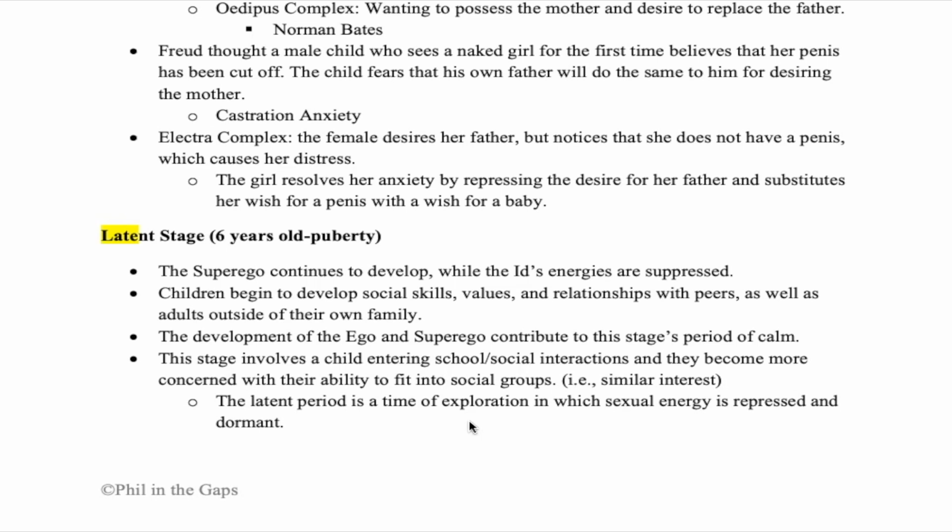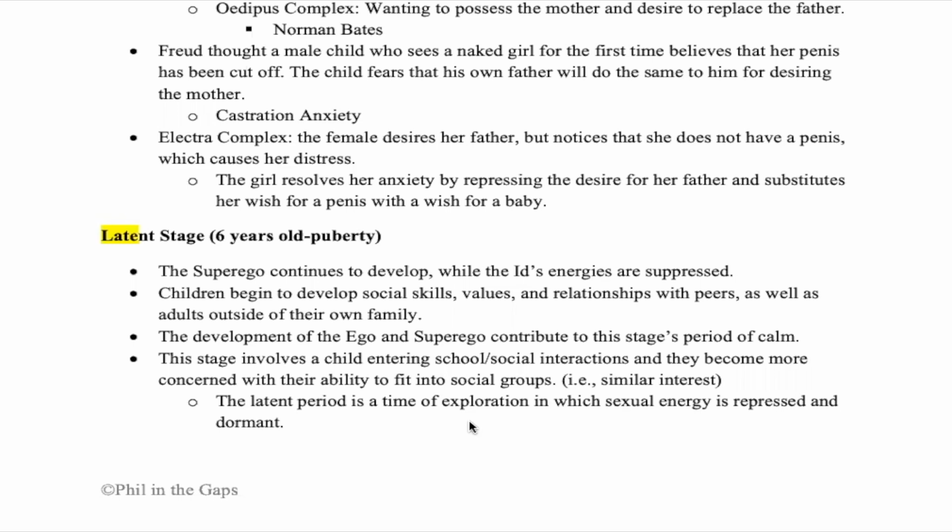So this stage involves the child entering school, social interactions, and they become more concerned with their ability to fit into social groups than prior stages, based on the fact we need to start developing relationships based on similar interests. So the latent period is a time of exploration in which sexual energy is repressed and dormant. So it's not active and it's not revved like a small engine.